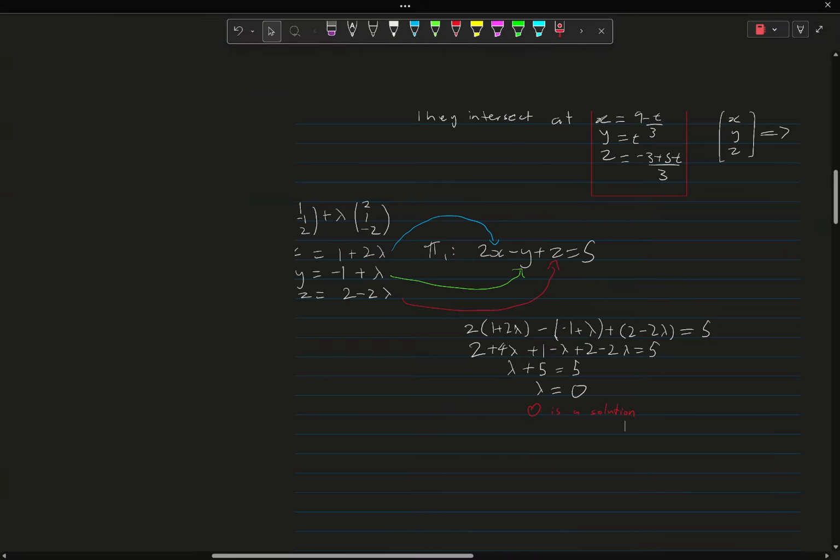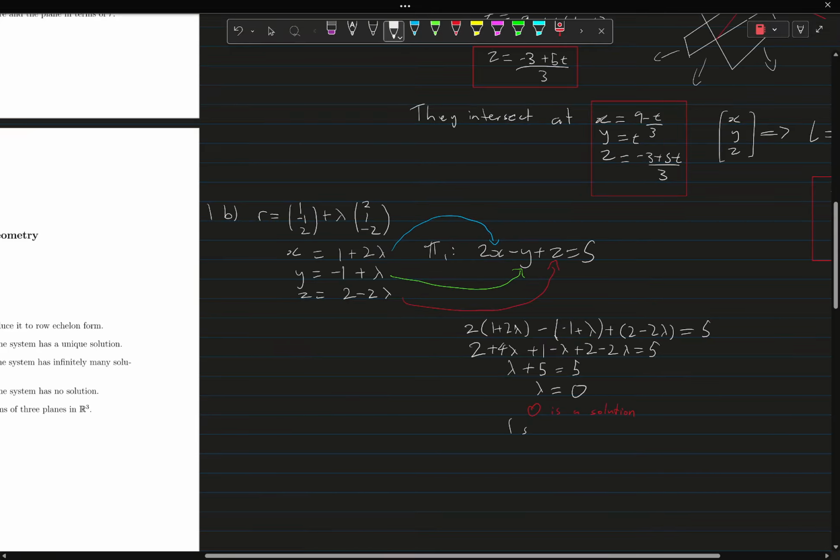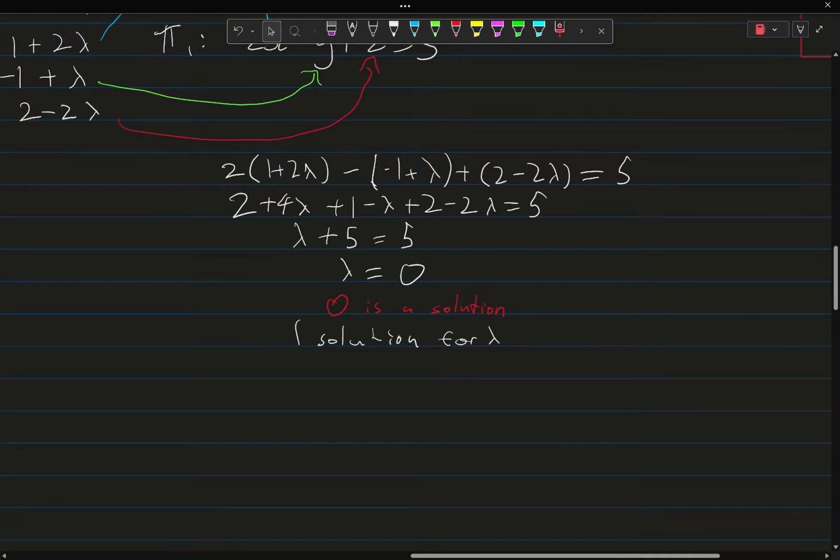So we have one solution for lambda, which means the line is in the plane exactly once. So it intersects the plane.